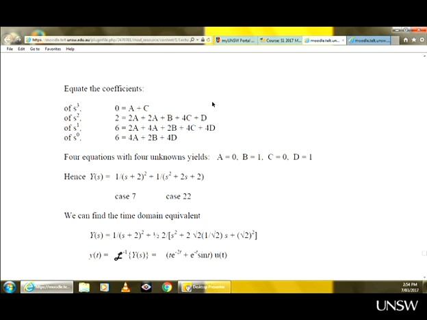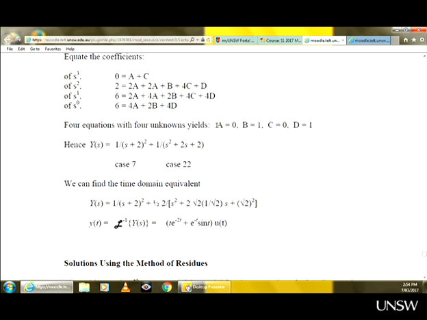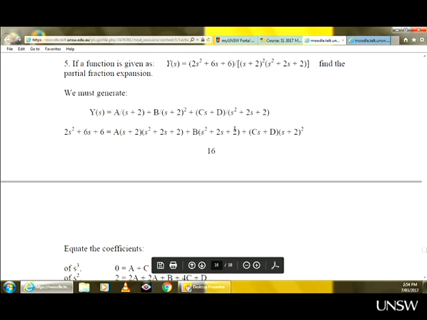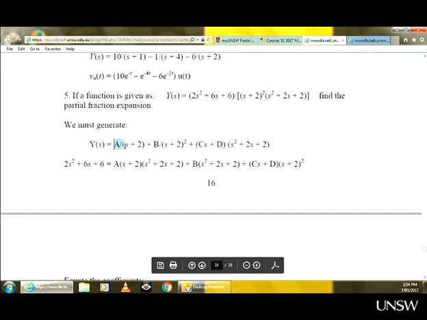That is a little bit tedious, but the good news is that the results are not terribly complicated. 2 of these terms are 0, and the other 2 are 1. Very nice. Now, that means if you go back, A is 0, B is 1, C is 0, and D is 1. So A is 0, so this term will not exist.